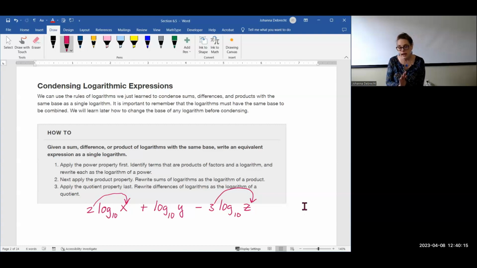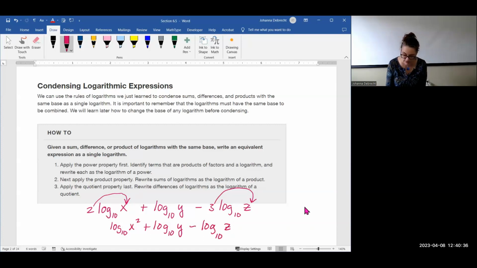Now you can leave the negative in between, or you could actually pull it into the power. It gives you the same result either way. So in looking at this, this is going to give me log base 10 of x squared plus log base 10 of y minus log base 10 of z cubed.